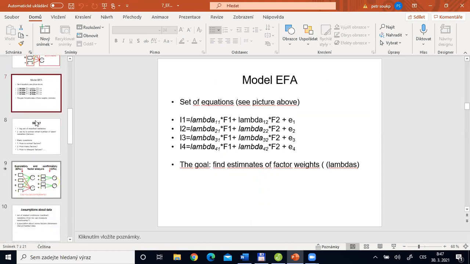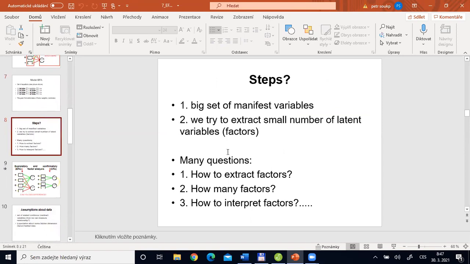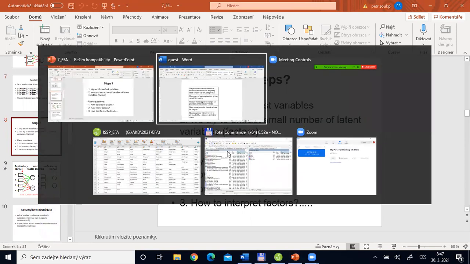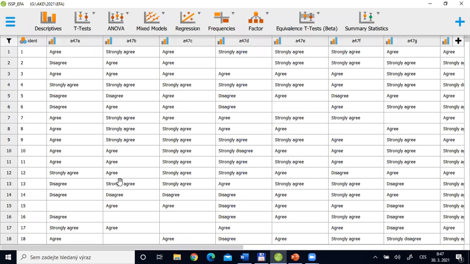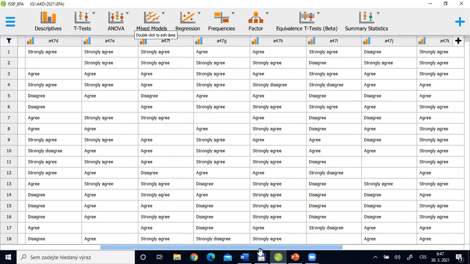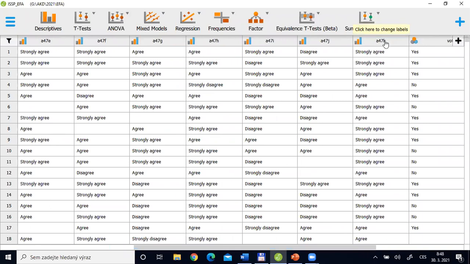So here we have some preliminary questions of steps that should be performed in exploratory factor analysis. The first step is that I have a bigger set of manifest variables. For today's lecture, we have here the set of items starting at A47A and finishing at A47K.